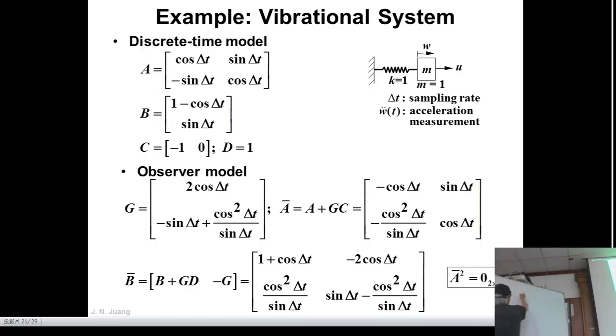From there, it is minus cosine theta t and sine theta t, and then minus cosine square theta t divided by sine theta t, and then cosine theta t. Okay, now you can switch that.